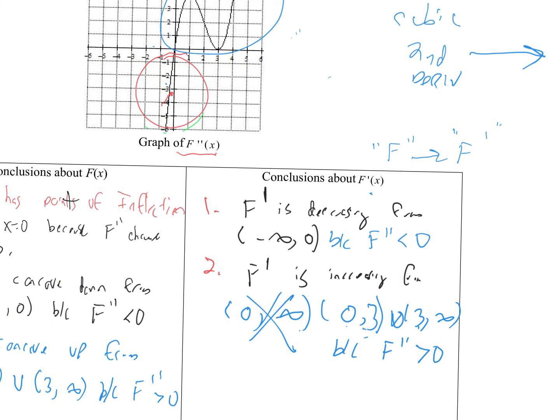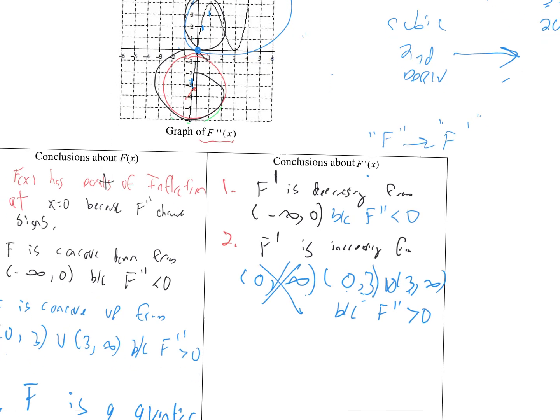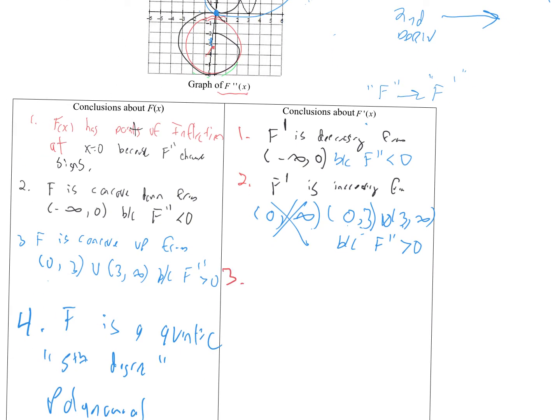What does it mean? If your derivative goes from negative to positive, what would it mean about this value here, where the derivative changes signs? I think you got it. There is a relative. I'm going to say f prime has a relative extrema. What kind of extrema?